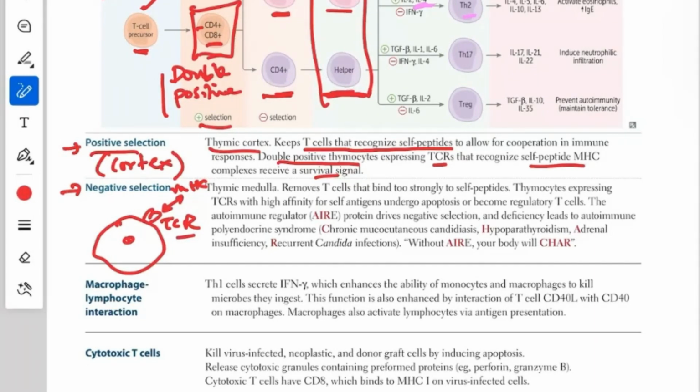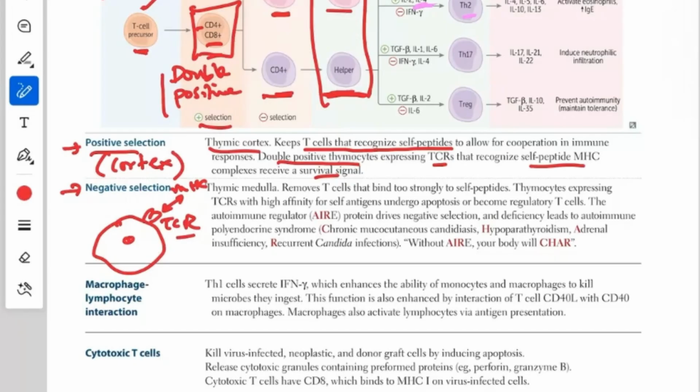to see if any of them has a T cell receptor that works at all, that is capable of even recognizing any antigen. All right. So if there's a T cell that can recognize an antigen, that means the T cell receptor is functioning.